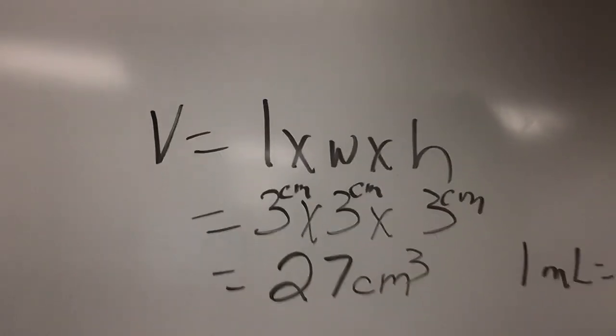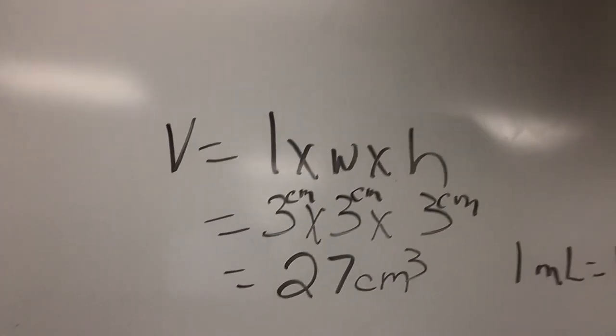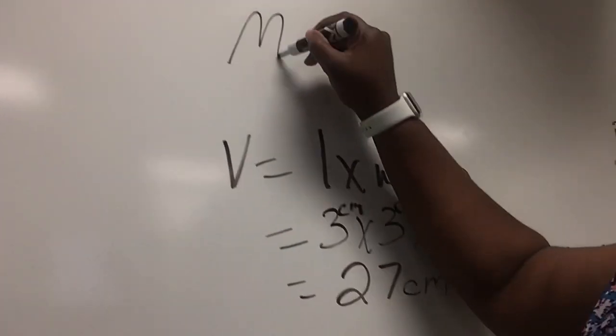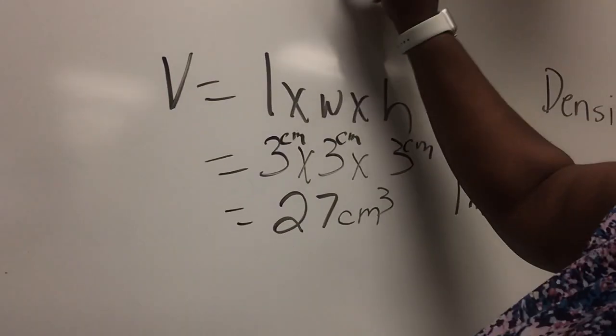So 10 plus 4.5 is, you guessed it, 14.5. So we discovered that on this problem, our regular shape problem, the mass is going to equal 14.5. All right, and that's going to be in grams.